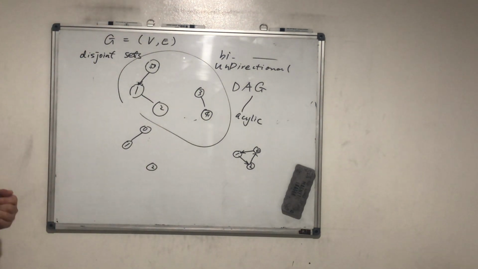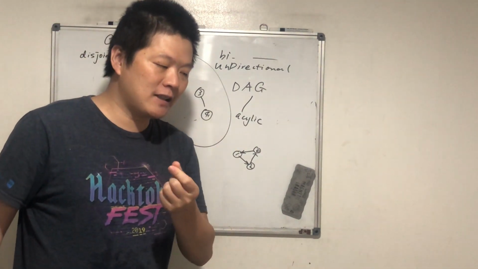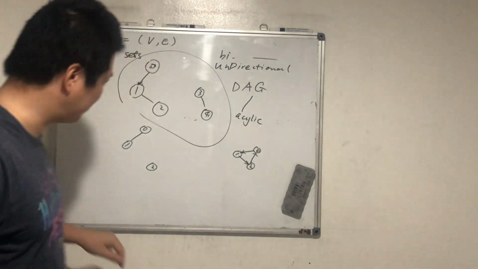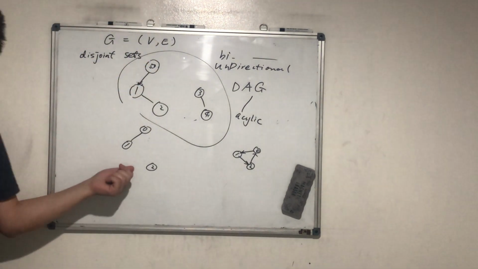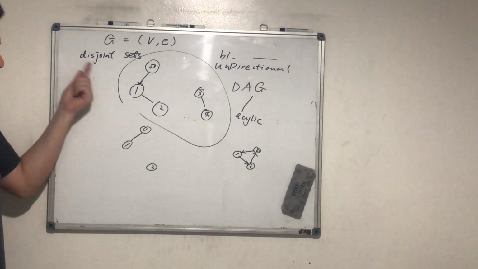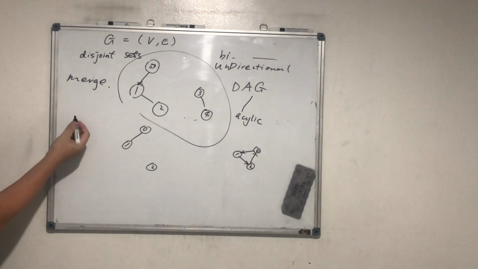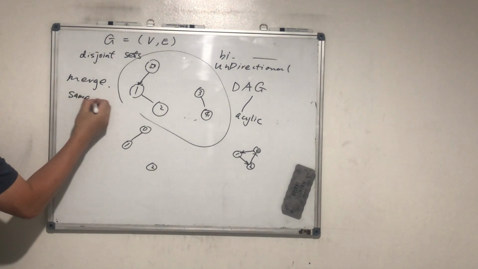It's quite similar, but there's something slightly different. So Eric, what's your thought? Can we use the disjoint set? For the disjoint set, we can merge 2 vertices. We can check if 2 vertices belong to the same group.